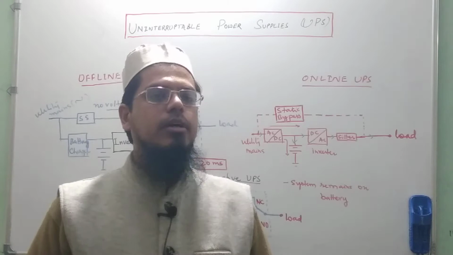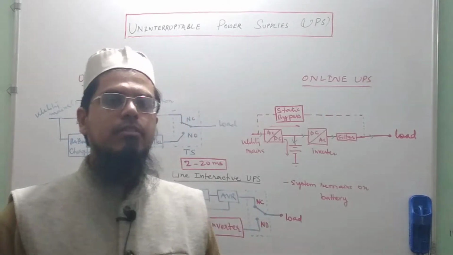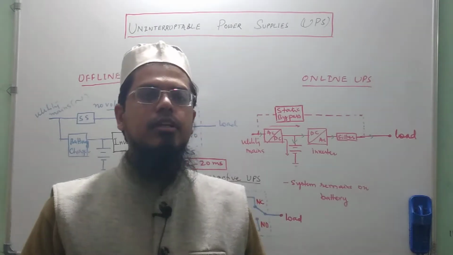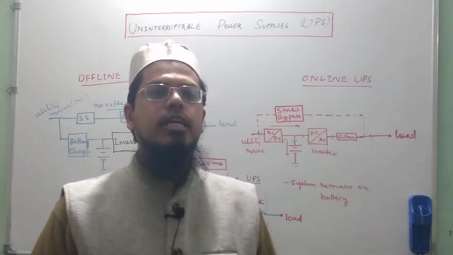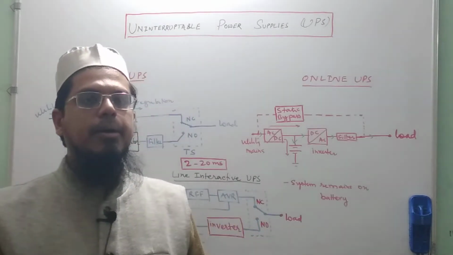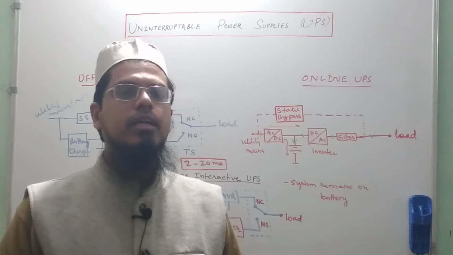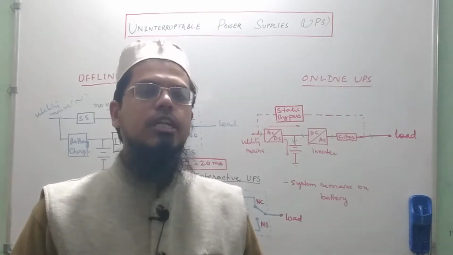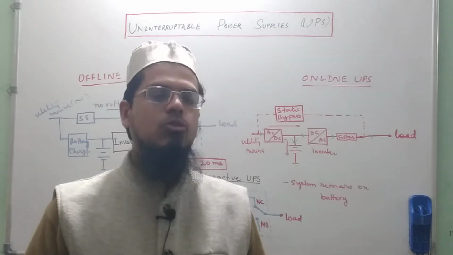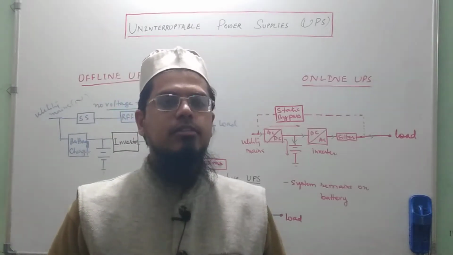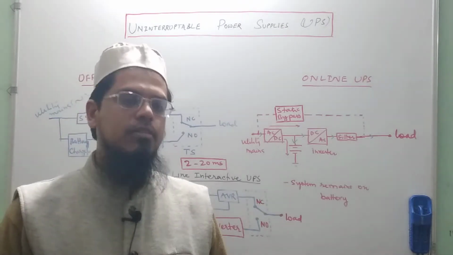So, along with the supply from the utility mains, there is a power converter device connected between the utility grid supply and the load, and it ensures that continuous and clean power is always available to the critical load. So, let us look into the classification of the UPS.